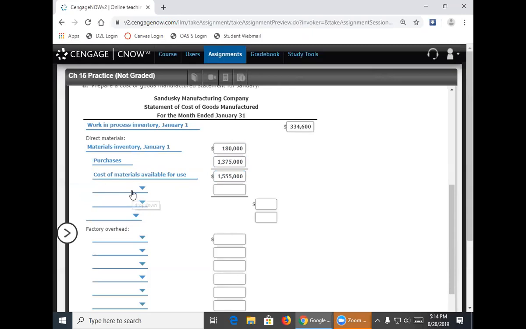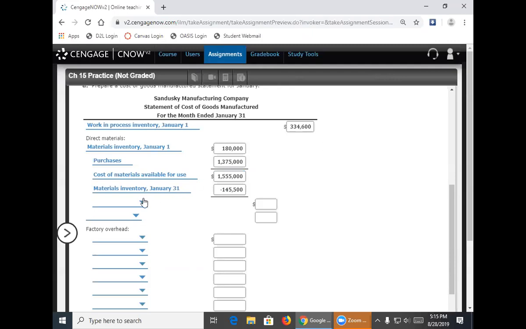And then the next step is we're going to subtract out the ending inventory. So minus 145,500. The ending inventory balance is 145,500. So we subtract that out, and that gives us our cost of materials used in production, 1,409,500. So that's direct materials used.